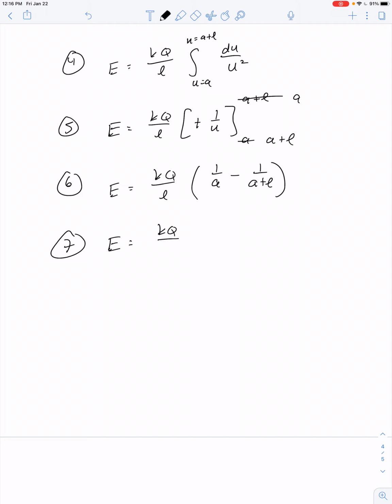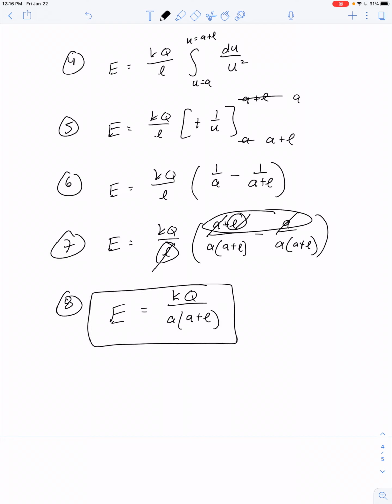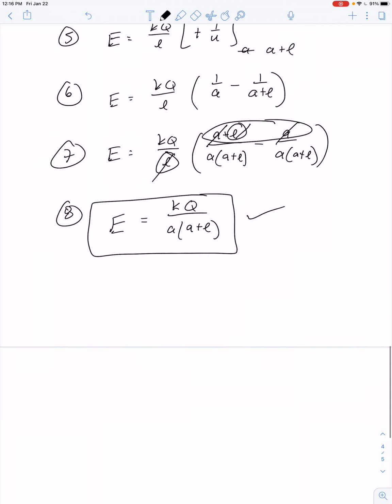The electric field will be kq over L times a plus L over a times a plus L, minus a over a times a plus L. So when we combine the numerators, the a will subtract out, and then this L and this remaining L will cancel, and so we get a final result that the electric field at that point is equal to kq over a times a plus L. Box that up, and as a final step, we should check to see if this is a reasonable result.